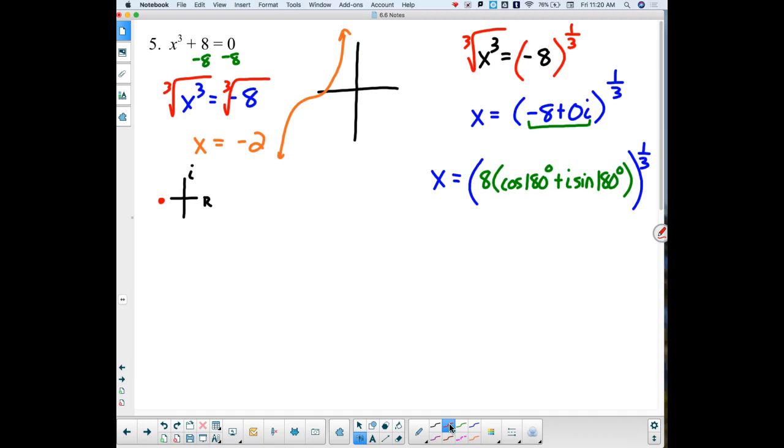Yep. Okay. All right. Now we can apply de Moivre's theorem to that.